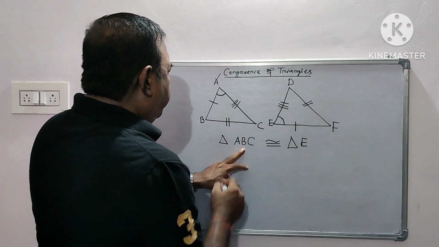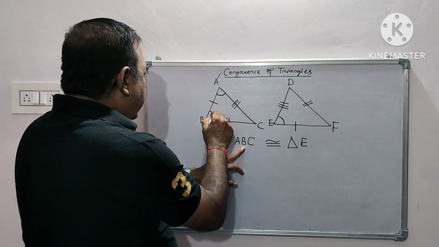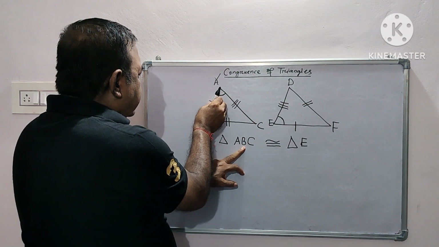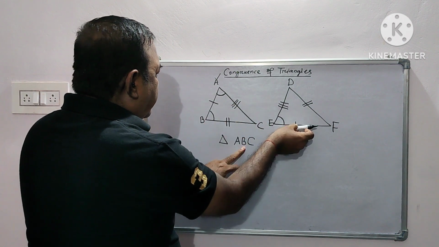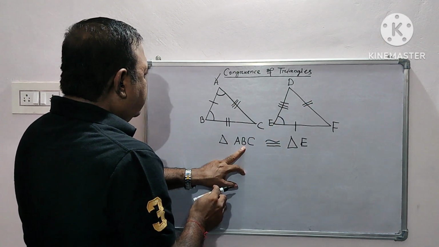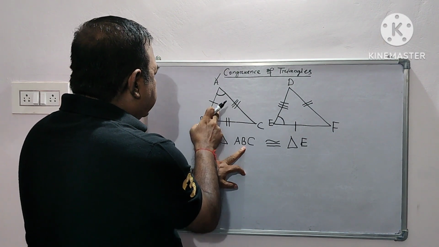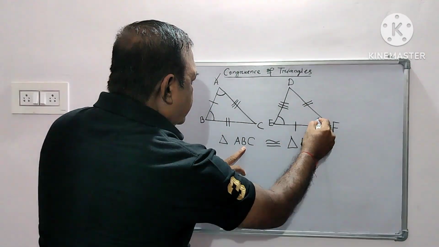Then come to B. You see its angle is in between this side and this side, two arms, and AB is equal to EF, BC is equal to DF. So the angle between AB and BC, this is the angle.